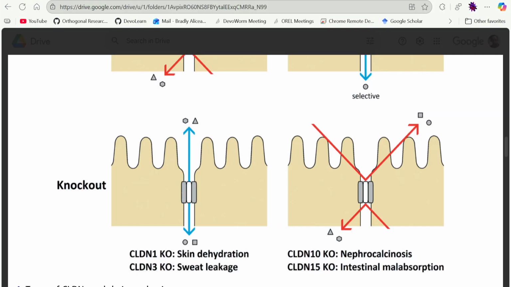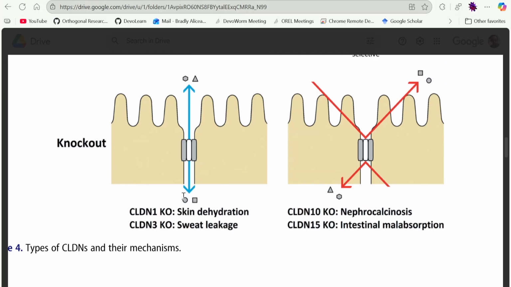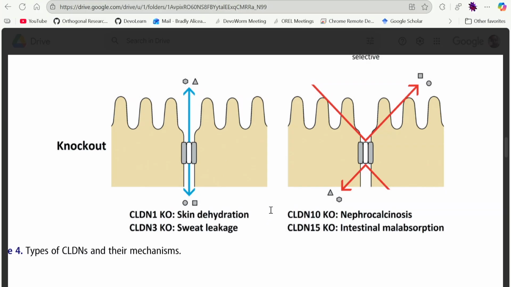If you knock out CLDN1, you have skin dehydration, so this layer is forming like skin. The barrier between the cells is forming a seal that is keeping water within the matrix of the cells. If that's knocked out, you get skin dehydration. If CLDN3 is knocked out, you get sweat leakage. So you just get different ways in which the seal between the cells is compromised. Those are two proteins that can be knocked out, and they have different phenotypic defects.